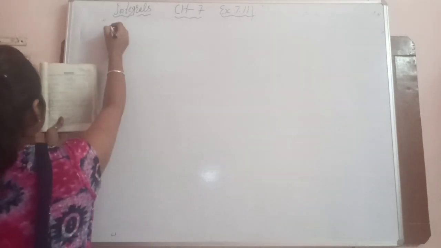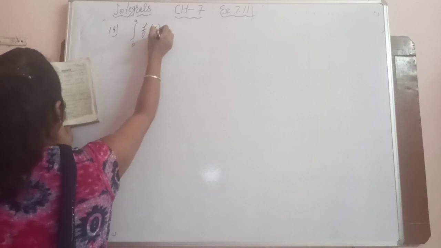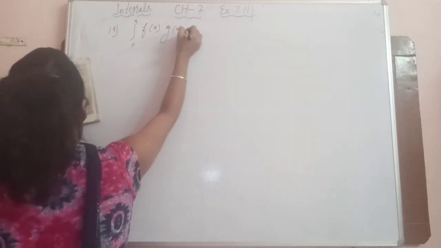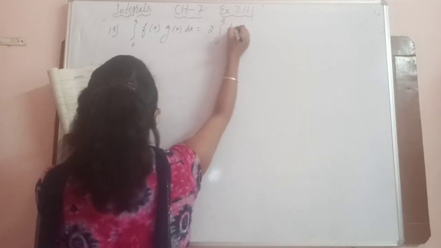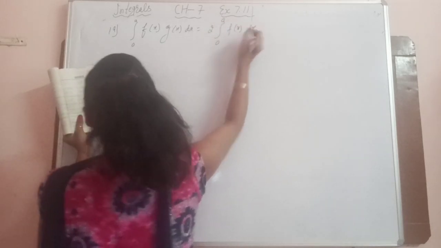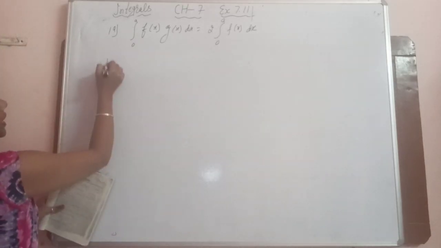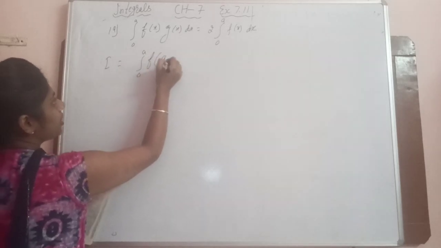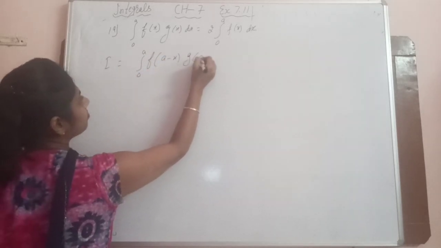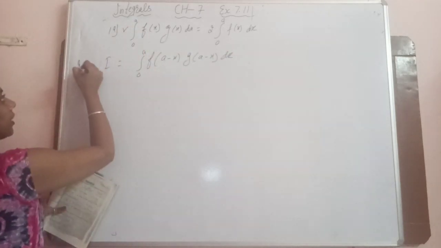In the 19th question, we have to prove integral 0 to a of f(x) into g(x) dx is equal to double of integral 0 to a of f(x) dx. Clear? How will you solve it? First we take the left hand side and apply the result sum of the limits minus x. This we have to prove.